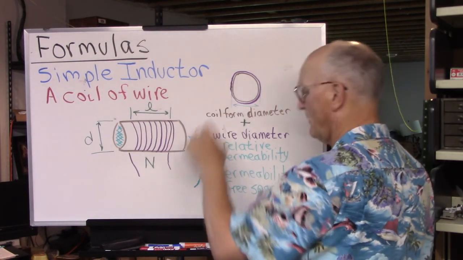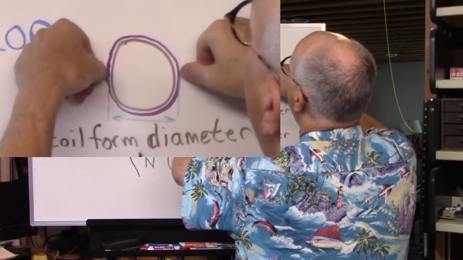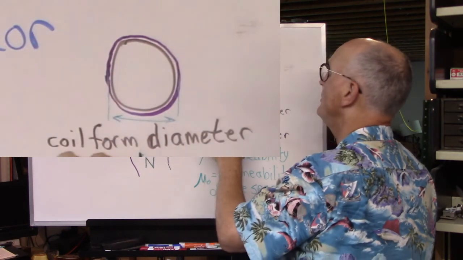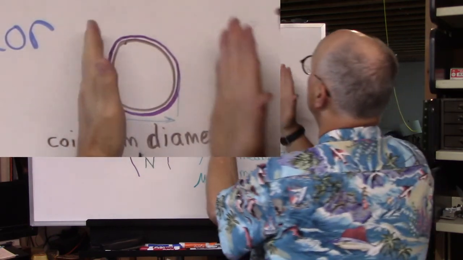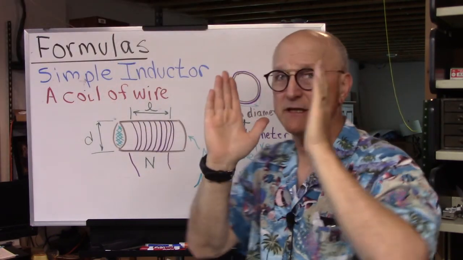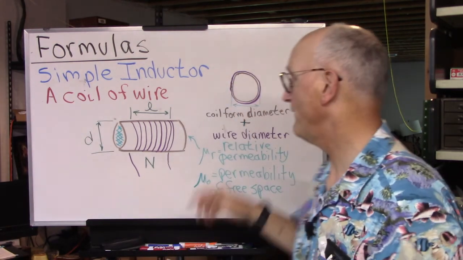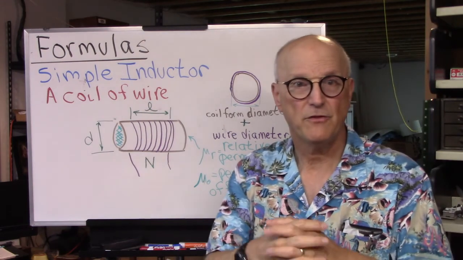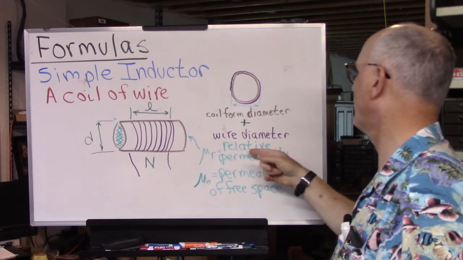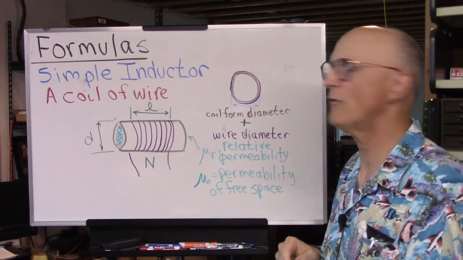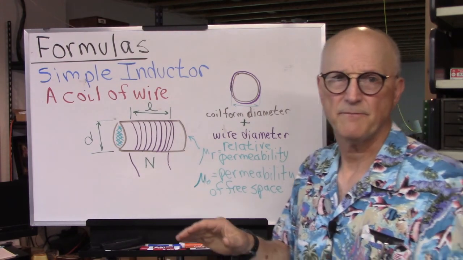We're actually talking about the diameter of the form plus going out to halfway through the wire. So you need the coil form diameter plus the wire diameter, so you're actually getting the diameter to the center of the wires that are wrapped around that form. And then the permeability of the core, and I need to make a note here, this is called the relative permeability of the core, and that's relative to free space.